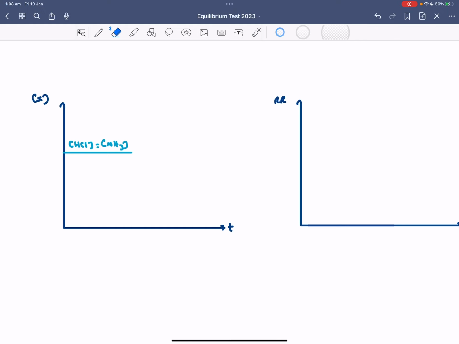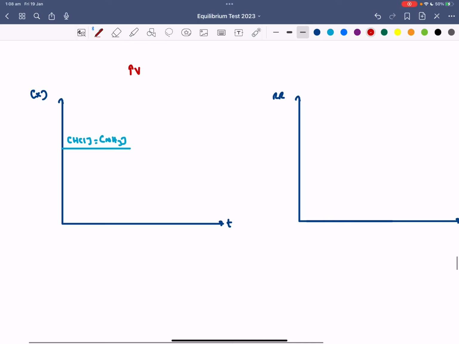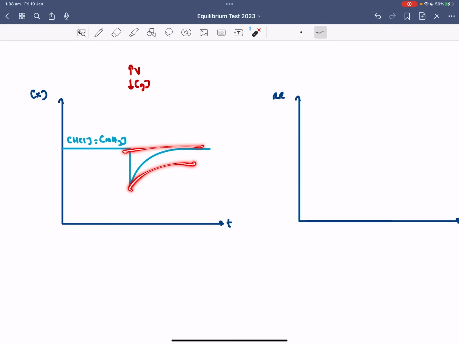We increase the volume. If you increase the volume, there is effectively a decrease in the concentration of both gaseous species, which means both these HCl and NH3 decreased. And what did it do? It did a full counteract and came back up right up to what it was. It didn't partially counteract, it did a full counteract.